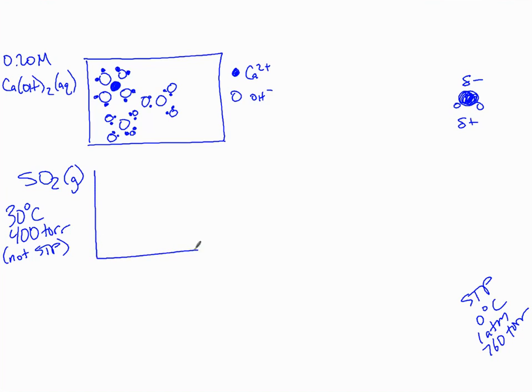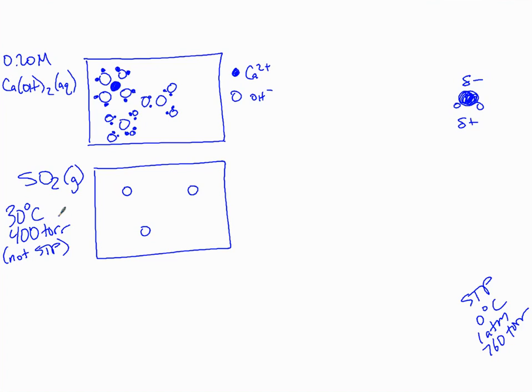So I'm going to draw the diagram. Here's an SO2, here's an SO2, here's an SO2. And let's look at the temperature first. Temperature at STP is 0, right? Temperature here is 30. That means hotter, obviously.